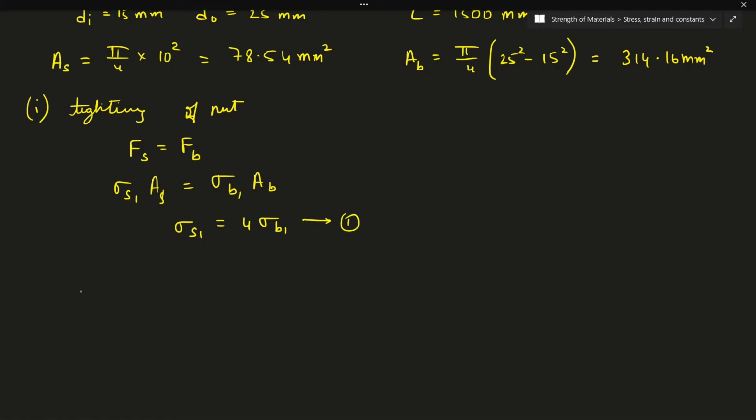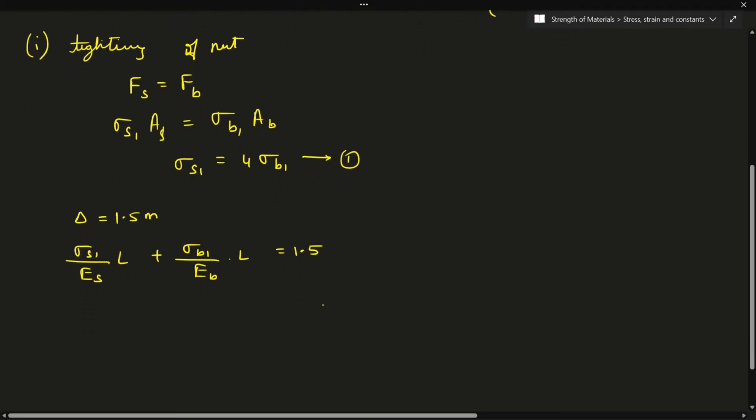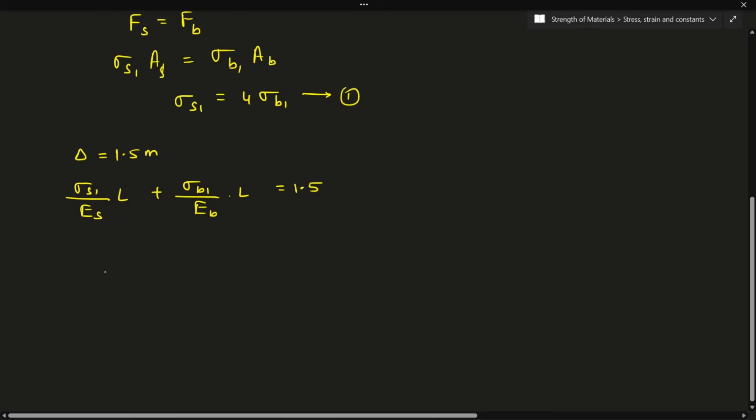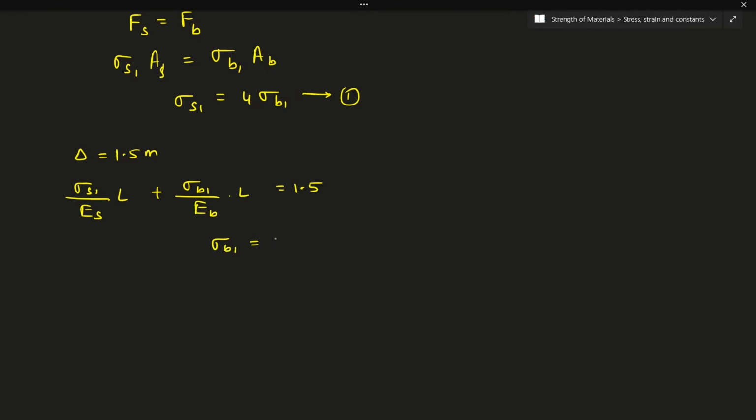Right, so now they have also given us delta as 1.5 mm. So delta, if I expand this, is sigma S1 divided by ES into L plus sigma B1 divided by EB into L, which is given as 1.5. If I simplify this, again substituting equation 1, I'll end up with sigma B1 as 33.33 Newton per mm square, and this is a compressive load, because if we tighten the nut, the tube is going to be compressed.